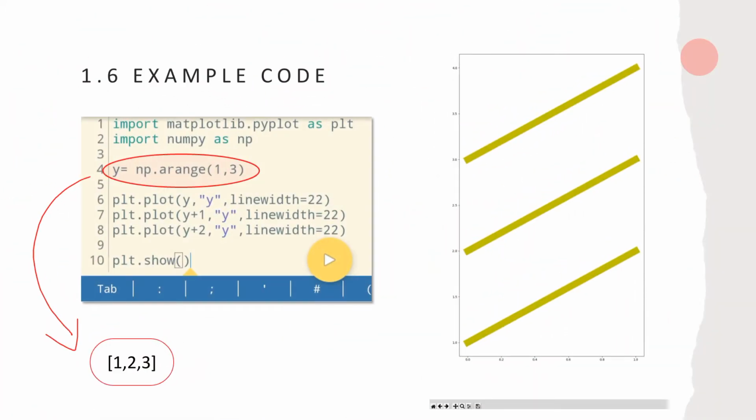Now some more examples here. Notice the line where I am using the NumPy library and numpy.arange. This gives three values, 1, 2 and 3, and these three values are used as y with a line. This will create three parallel-looking lines, because in the first plot we used 1, then in the second 2 and then in the third 3.